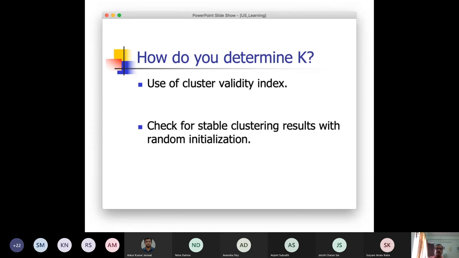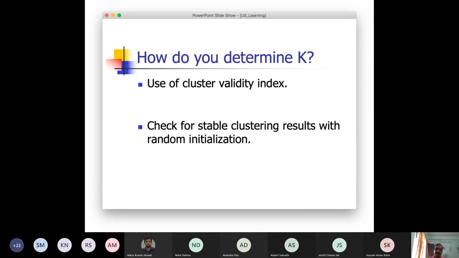So we are discussing k-means clustering, and in the last class we discussed the basic algorithm and some of its merits and demerits. Now, one of the issues in k-means clustering is how do you get the number of clusters?